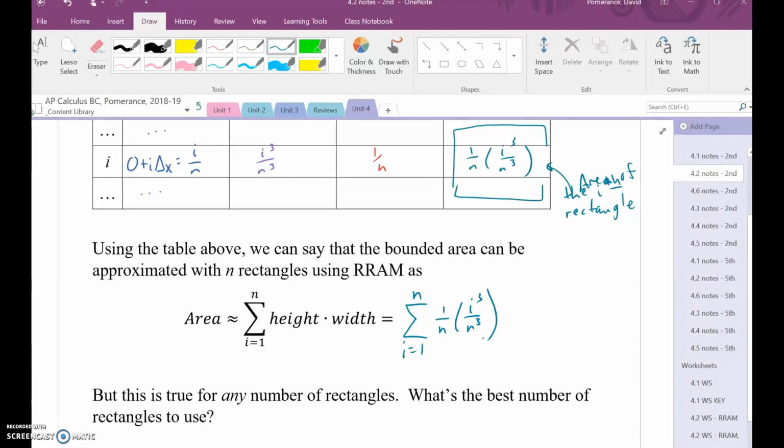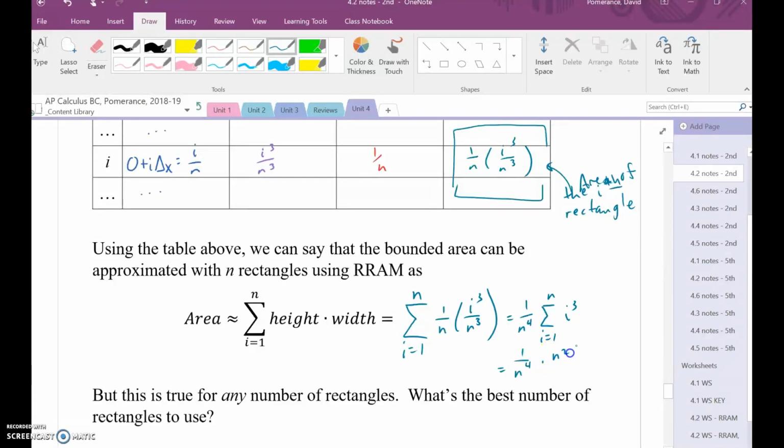This looks like something we know how to evaluate, though, because, again, as i starts at 1 and goes to 2 and goes to 3 all the way up to n, the denominator of n to the fourth does not change. We've got 1 over n to the fourth that we can factor out of this sum. The only thing that's left is the i cubed. And if you recall, we've got an expression that we can replace that sum of the perfect cubes with.